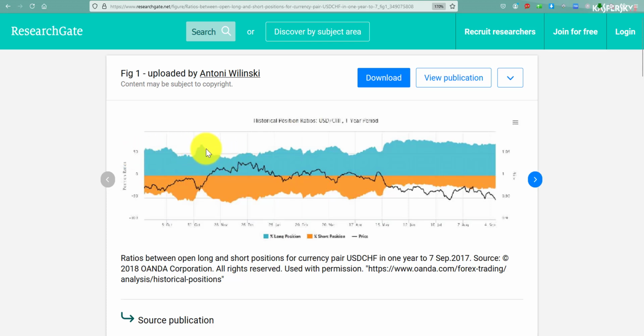This blue peak is telling you how many traders are buying the USD against the Swissy, and these orange peaks are saying how many traders are selling the USD against the Swissy. When it gets down here, over 50% of the traders are selling. Now this black line is price. You tell me what price is doing when these guys are selling. As more and more traders are selling, the Swissy is actually going higher and higher and making higher highs.